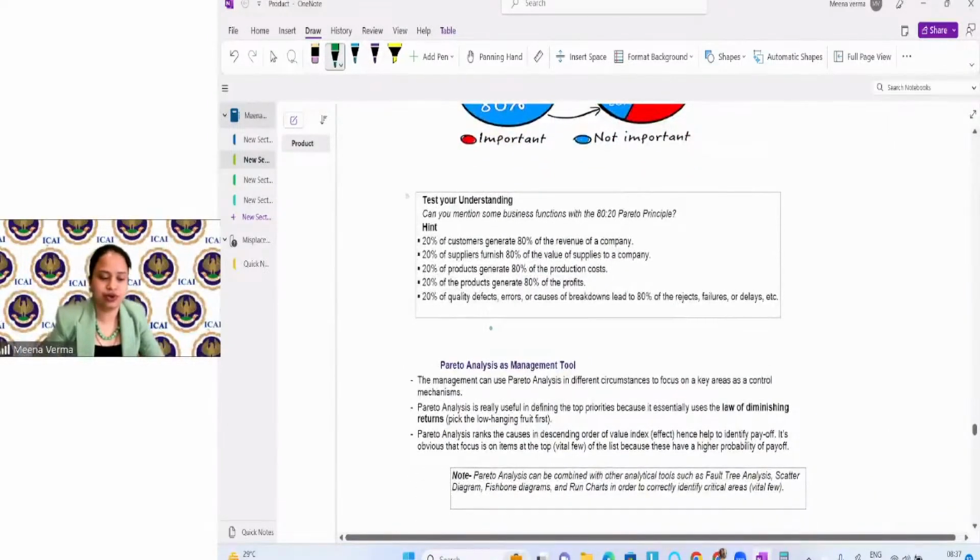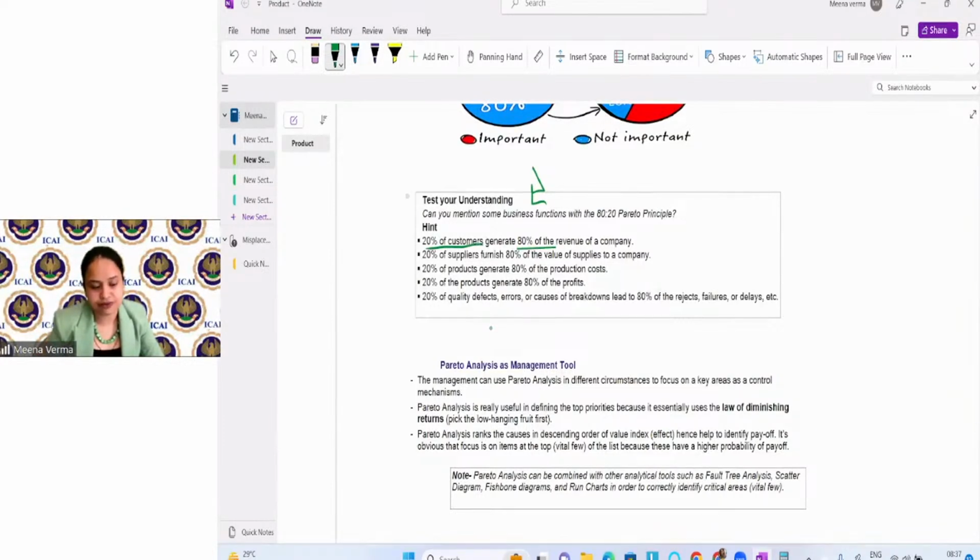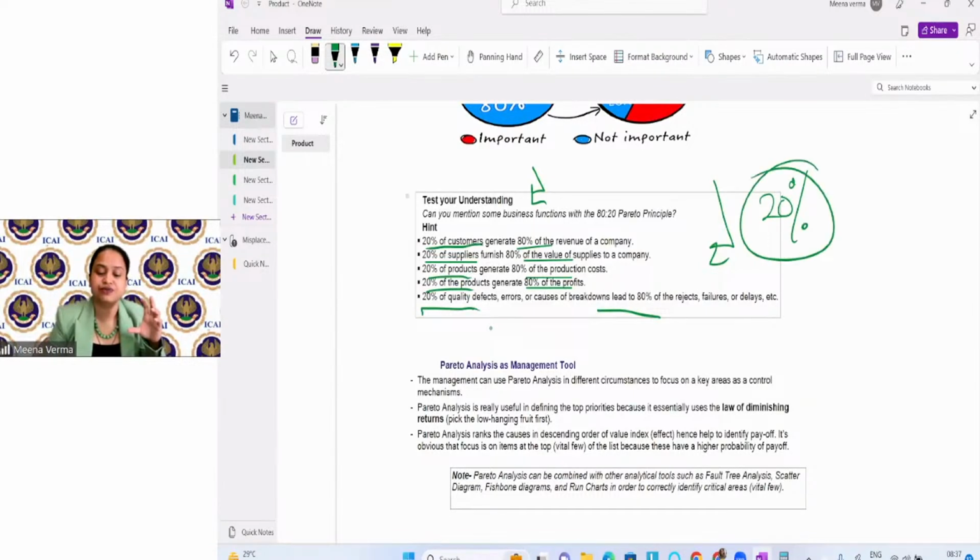Okay, now let's understand this topic. 20% of the customers will generate 80% of the revenue for the company. 20% of suppliers furnish 80% of the value of the supplies. 20% of products generate 80% of production cost. 20% of the products generate 80% of the profit. 20% of the reasons cause 80% of the defects. The point is that we should focus on these 20% to achieve 80% of the result.